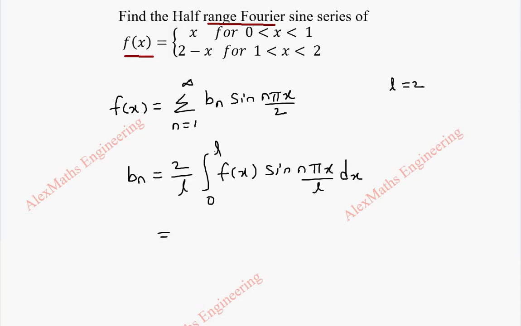We substitute 2 for L, so 2/2 integral 0 to 2 f(x) sin(n pi x / 2) dx. After cancelling this, we get bn.